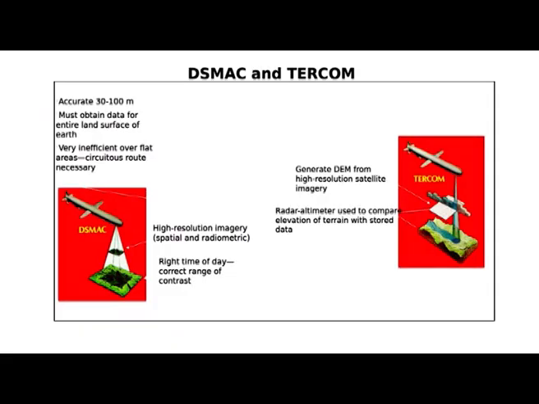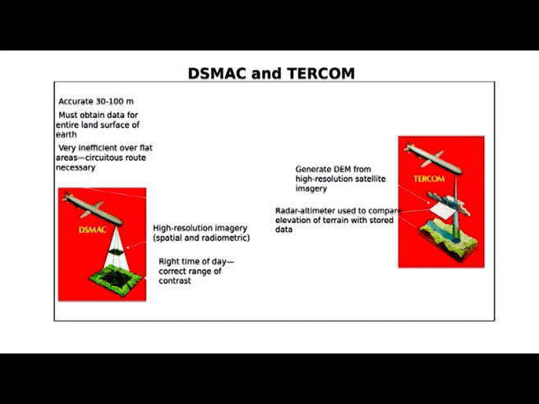And in the next phase it has further developed, and we have a technology called DSMAC, which stands for Digital Scene Matching Area Correlator. High resolution satellite images are utilized, with which it will be matching. Again, a digital altimeter and some other technology is utilized, and the missile matches scene by scene over the terrain.